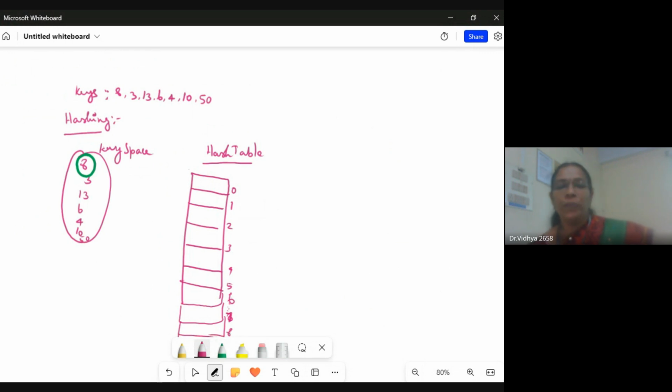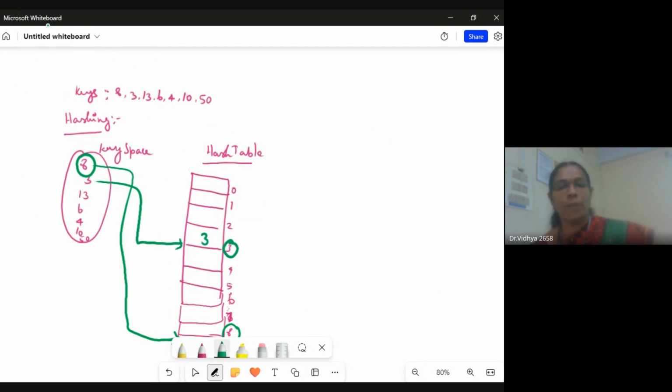While we are mapping the index with its respective value, see here the key value is 8. In the normal hashing technique, 8 is mapped at the position where index 8 is. Then 3 will be placed at the position where the index is 3.